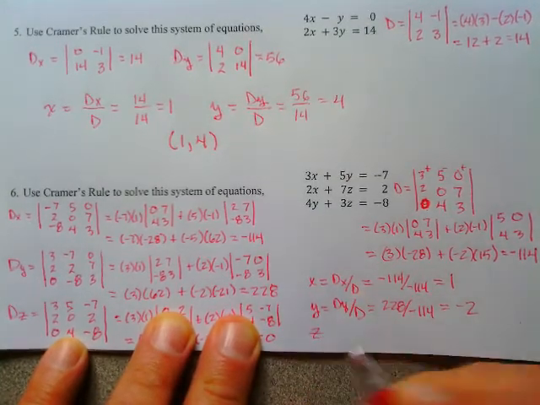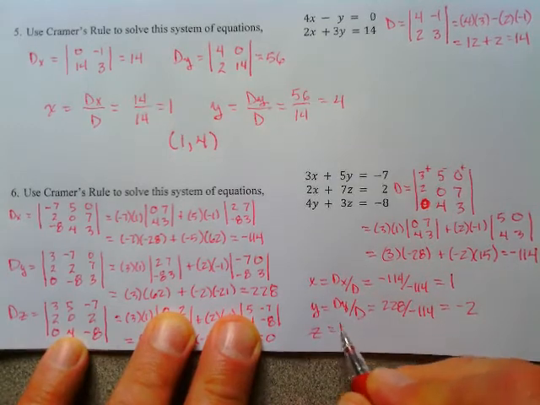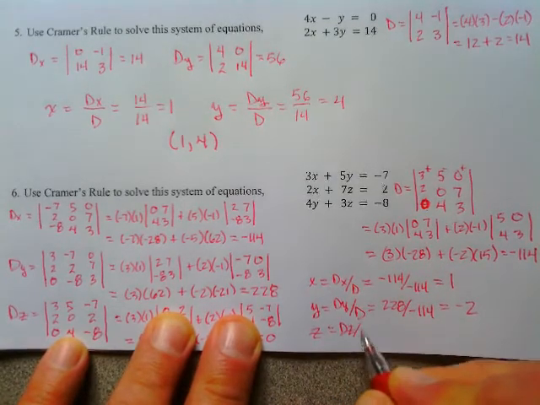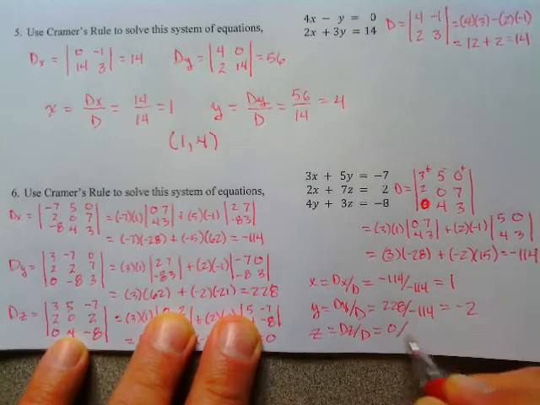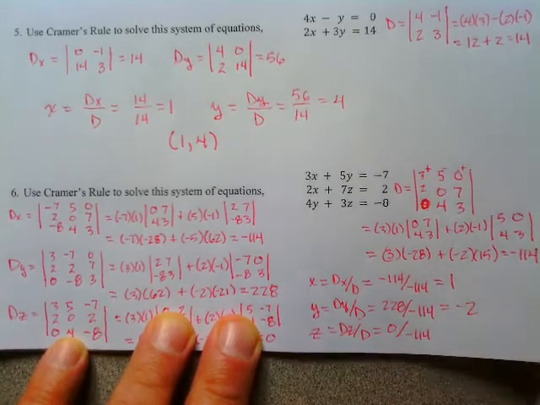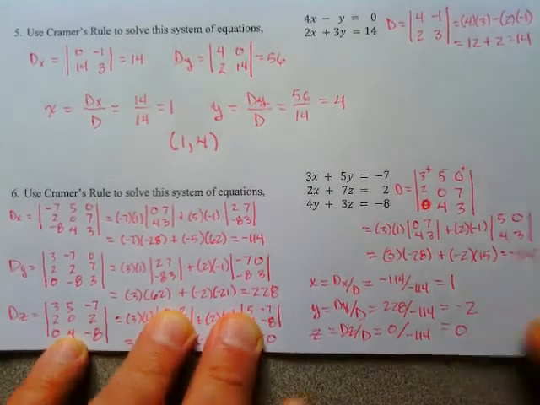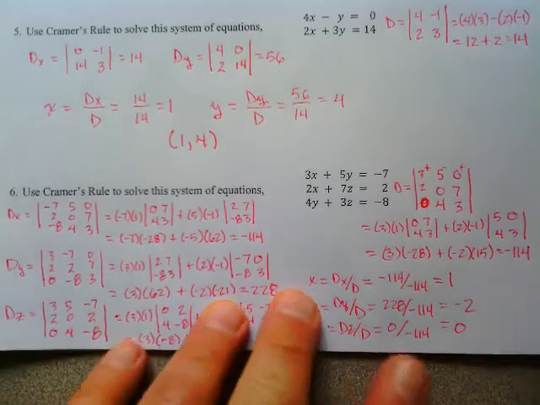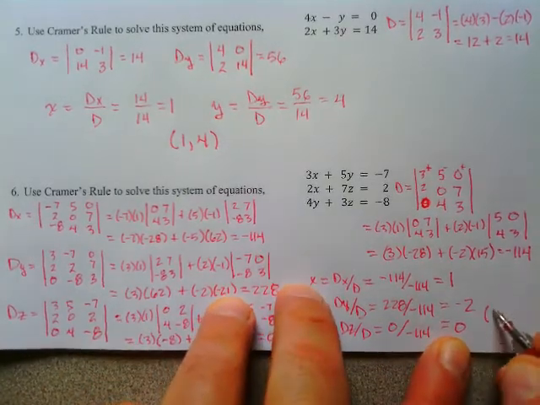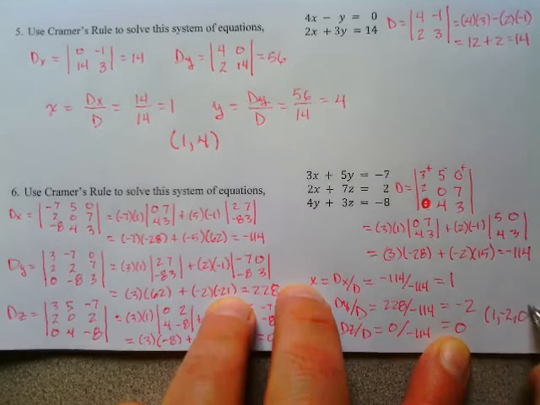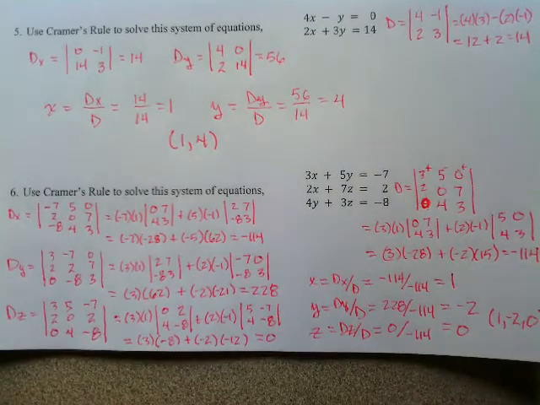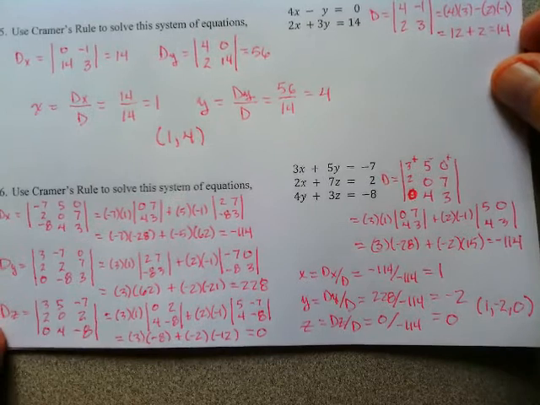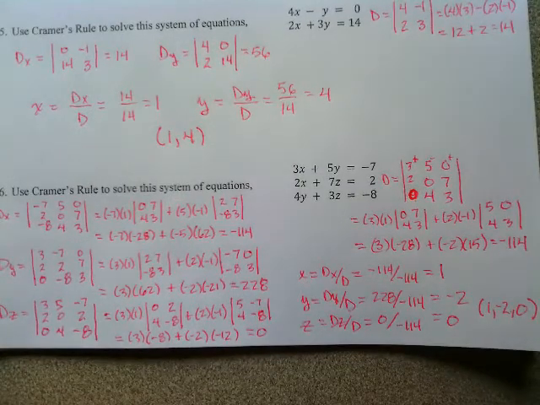And then the z is dz over d, which is 0 over -114. And of course that's 0. And so our answer is 1, -2, 0. And there you have section 5.3.